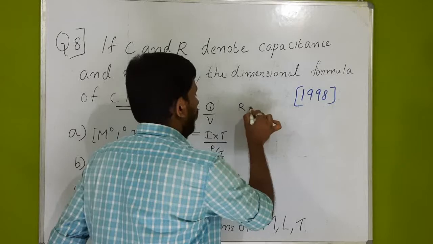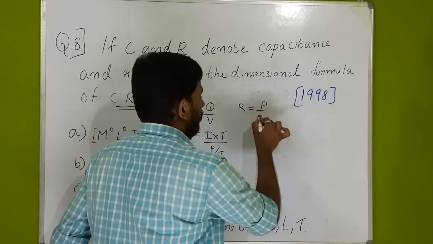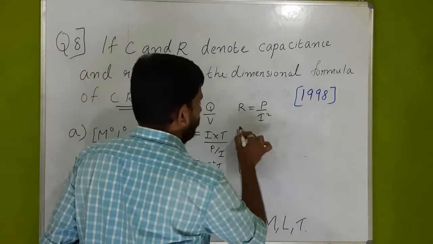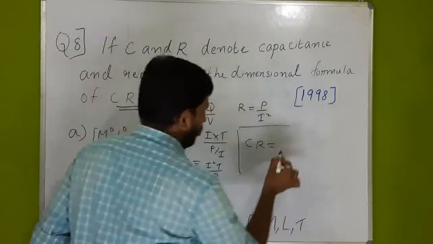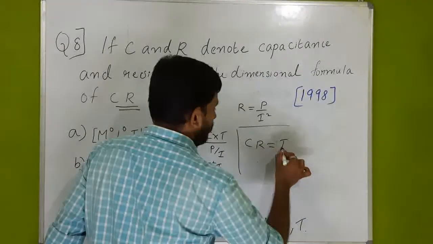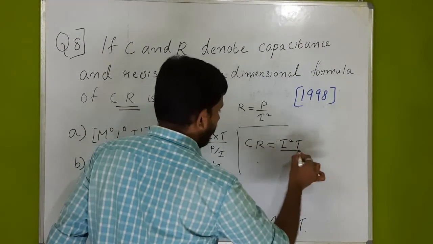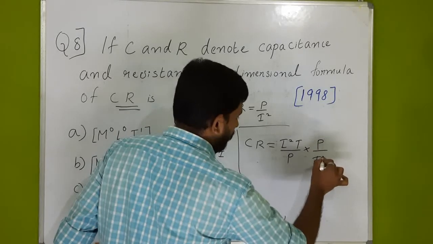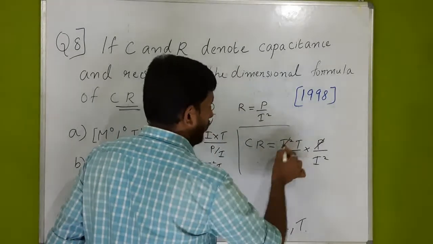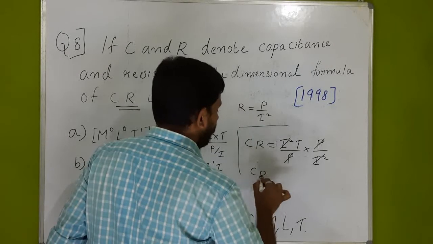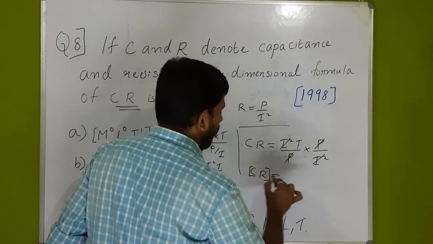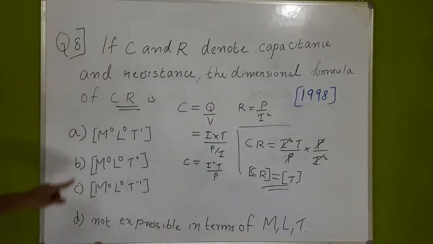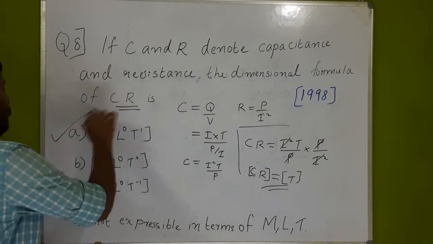And resistance R is equal to P divided by I square. Therefore C into R is equal to I square T divided by P into P divided by I square. This P and I square cancel, and we have the dimension of CR is equal to the dimension of time. Therefore the option is option number 1, that is A.